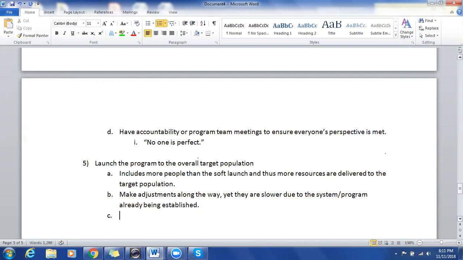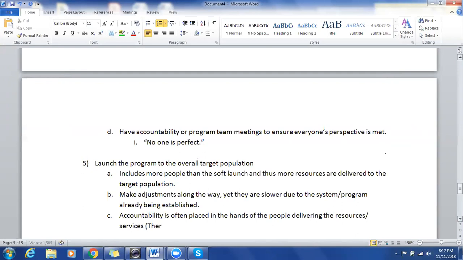And from this, accountability is often placed in the hands of the people delivering the resources or services.